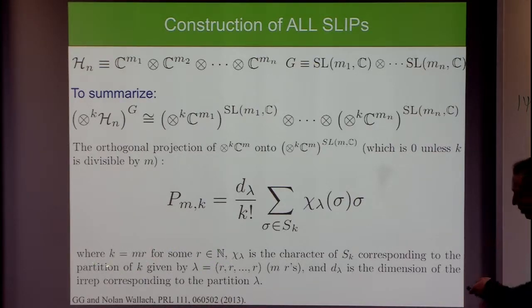If you remember what I told before, the degree k must be divisible by m, by each one of those m's, and that's why we can write k like that. So we're looking at this partition, and d lambda is the dimension. So essentially, we found all SL invariant polynomials of a fixed given degree.